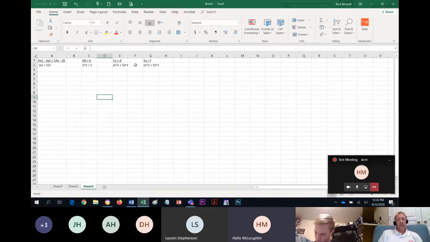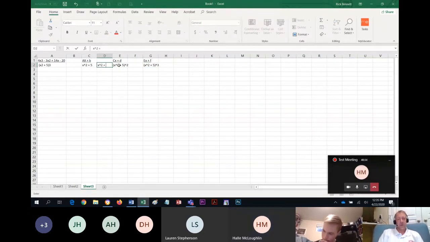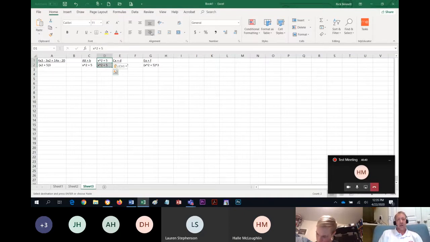Okay, so now this is my common denominator, right? So now what do I multiply the middle one by in order to get this? By x squared plus 5. Okay. And then probably should have given myself more room.